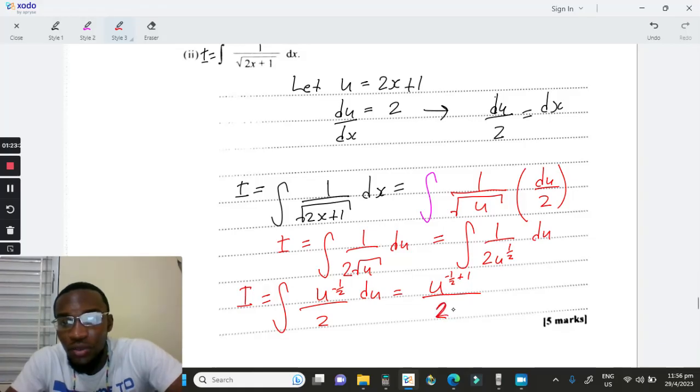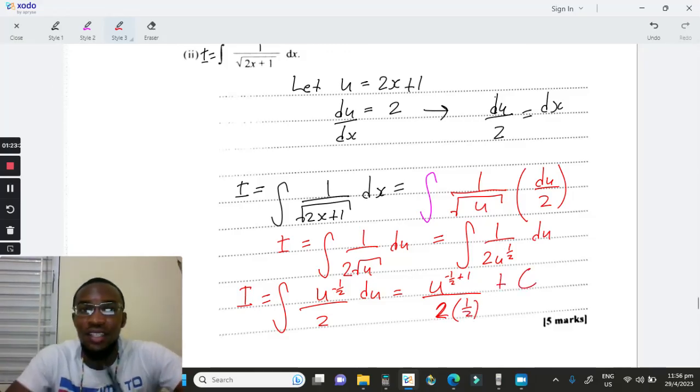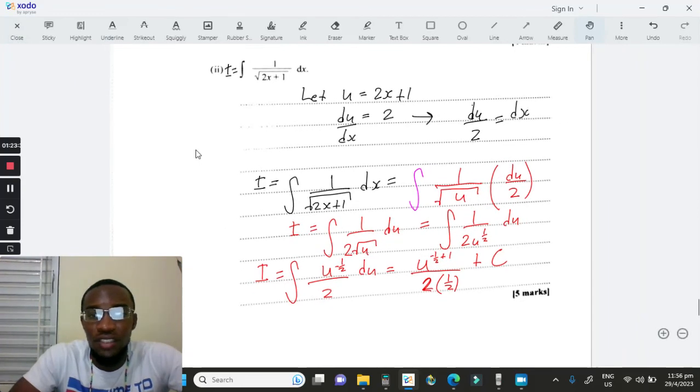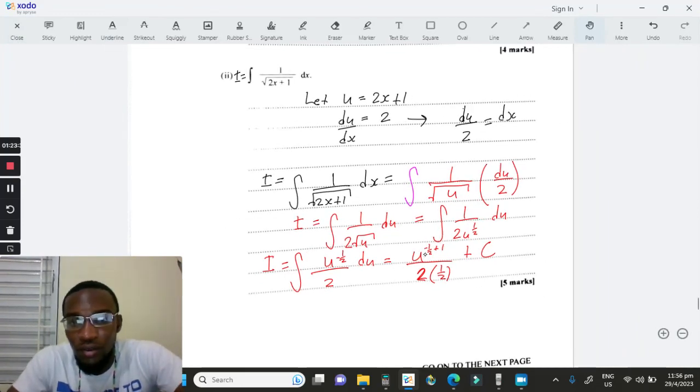We already have the 2 here, but we divide by the new power, which is half, and put our constant of integration c. Minus half plus 1 is half, so we get u to the half over 2 times half, which is 1, plus c.